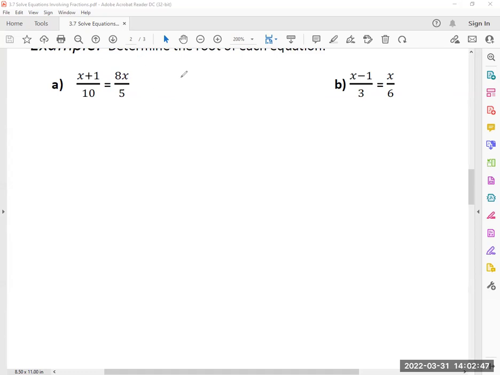When you have multiple fractions like this, what you want to do is find the lowest common multiple. What number can divide by a 5 and a 10? Think about it. 5 times 2 is a 10, and 10 times 1 is a 10. Both of these numbers multiply into a 10. That's the smallest number.